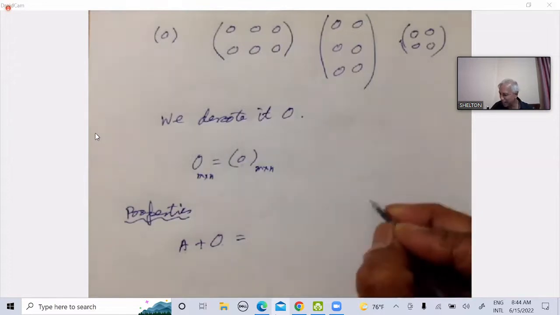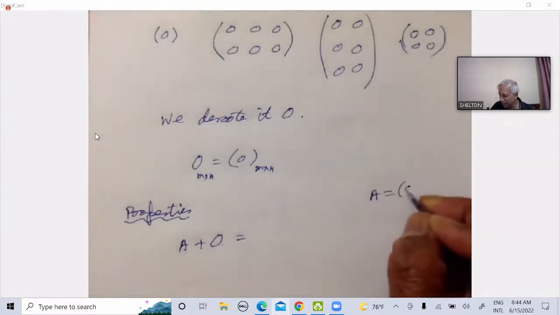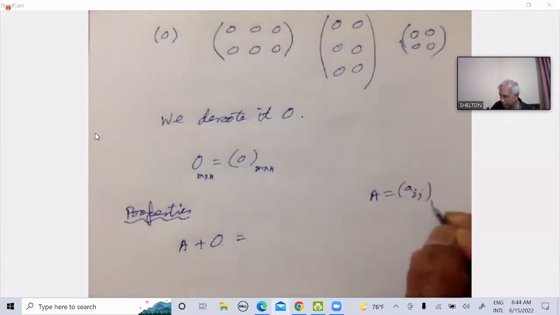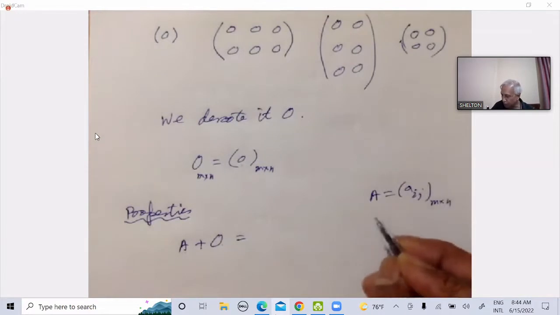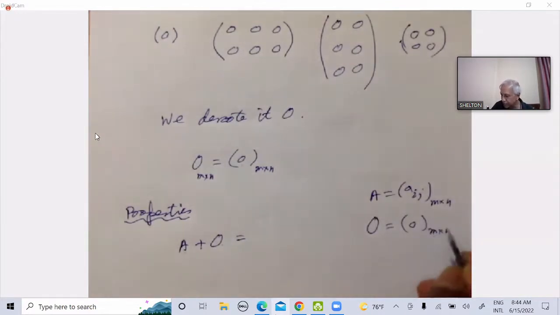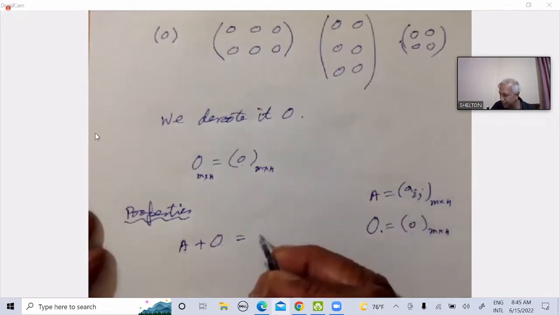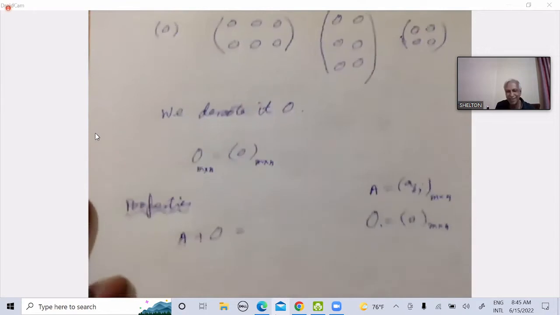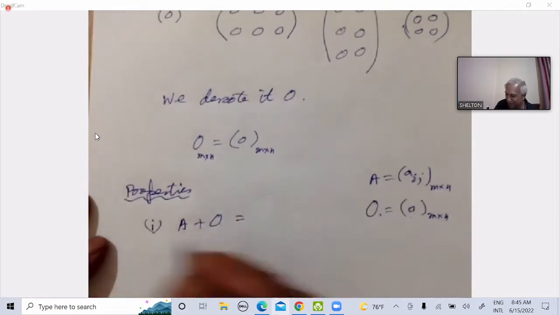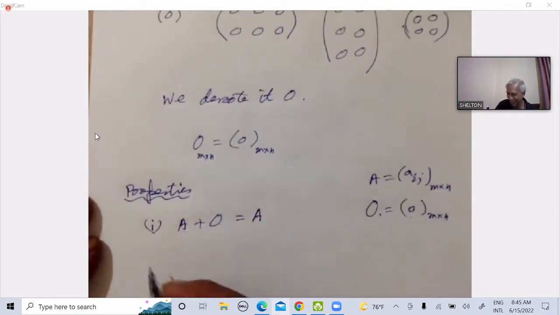Let us take A to be Aij, m by n. O is 0, m by n. Every entry is 0. When you add them, you add the corresponding entries. A11 plus 0, A12 plus 0, Aij plus 0 is the ijth element. This is equal to A.